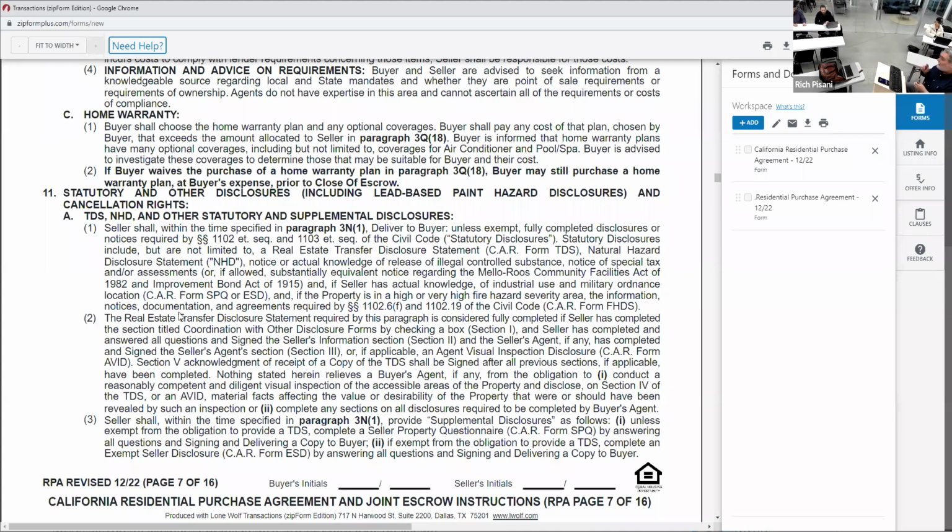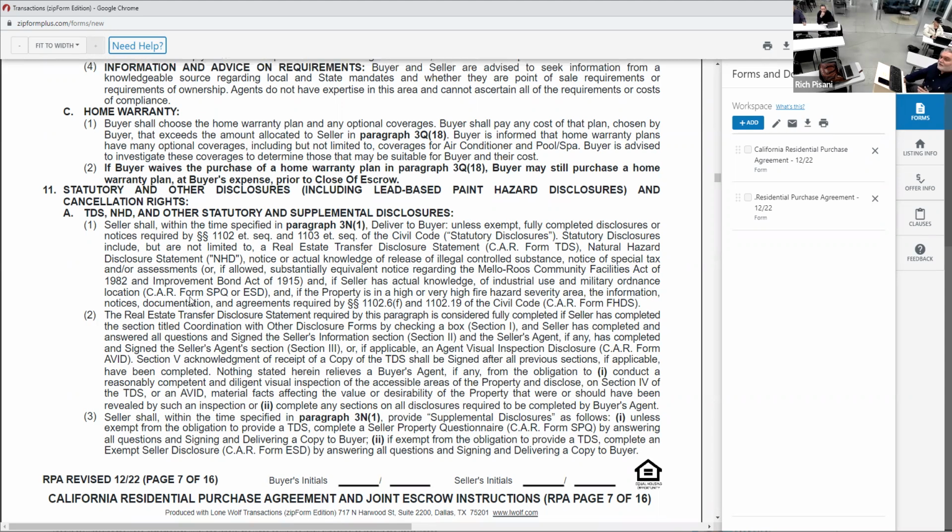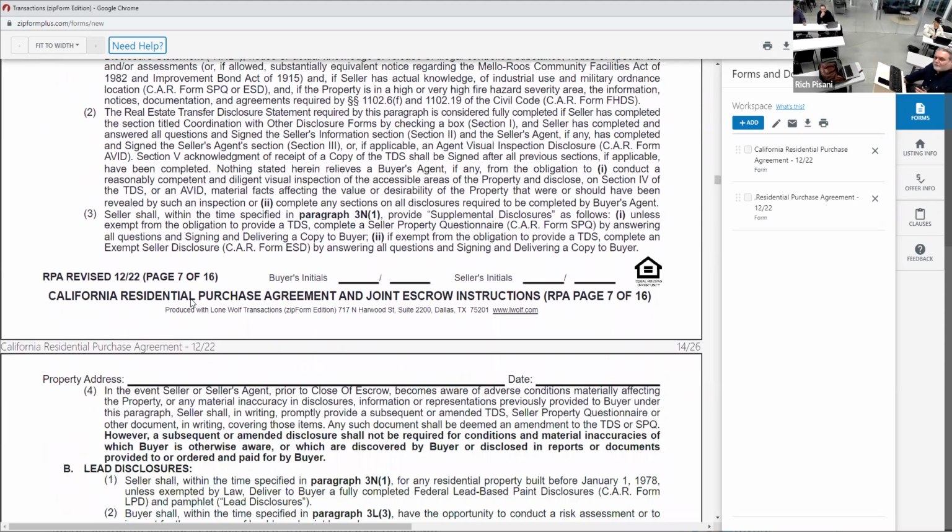Fire hardening and defensible space, if it's in a high or very high fire zone, is a statutory requirement. So those are all statutory requirements, meaning that they are required by law and they cannot be waived.